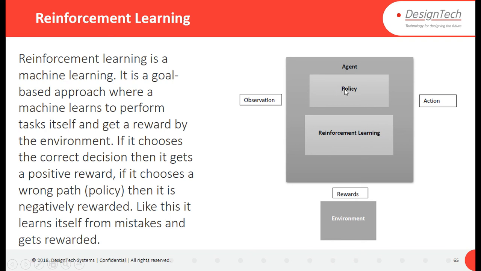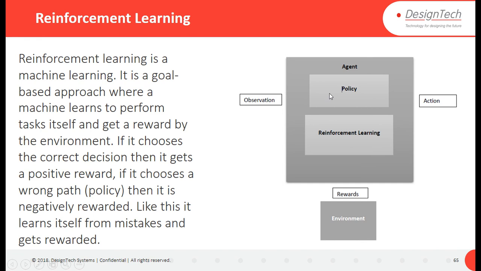The elements are the agent, the policy, the algorithm to train this model, and there will be some rewards and the environment. In the policy, some decisions are taken, and the agent selects them, everything automatic. The agent will first watch the environment. Based on the environment, it will take some decisions from the policy.